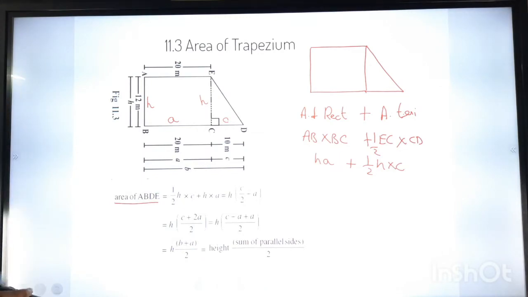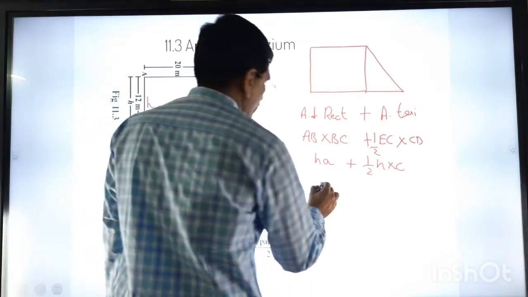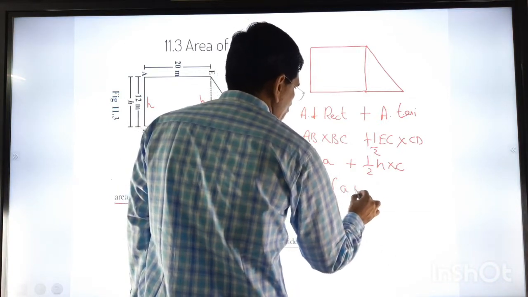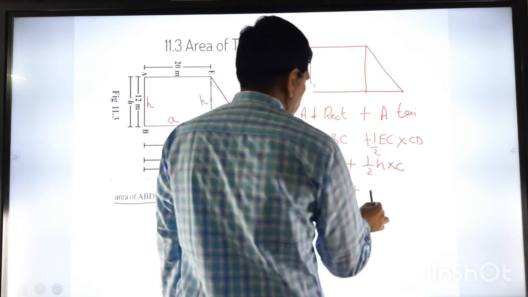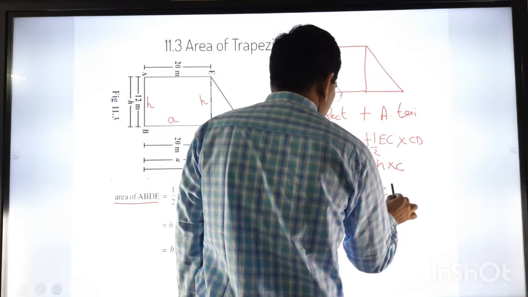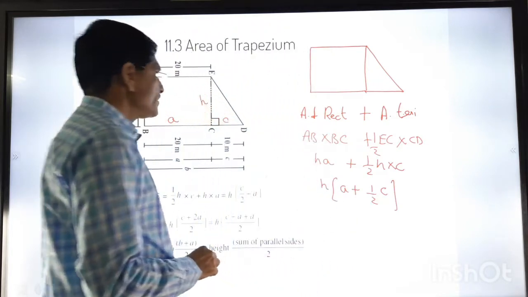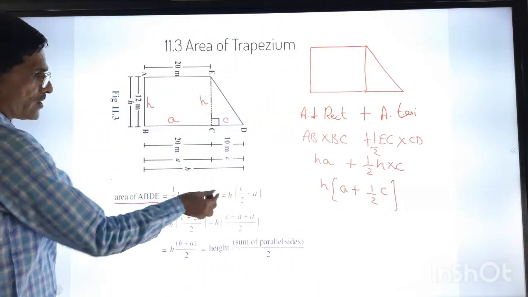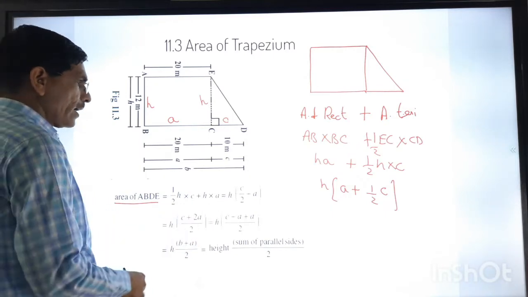Now what is common? h is common. Half into c. What is already there, h half? h into a. h I will take outside.